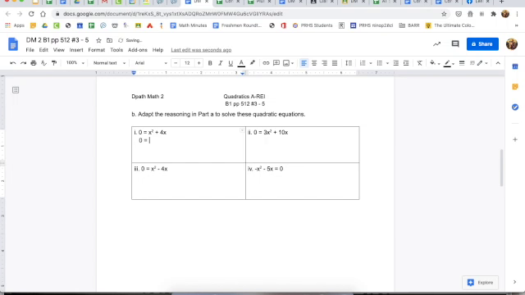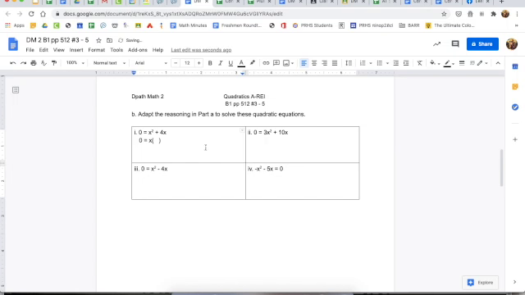Nothing is happening on the left-hand side where the 0 is yet, but what I'm going to do is look at my two terms, which are x squared and 4x, and try to figure out what they've got in common. Since x squared is x times x, and 4x is 4 times x, both of those have an x in them.